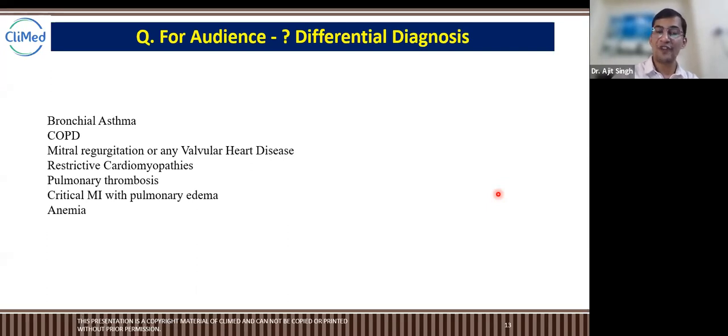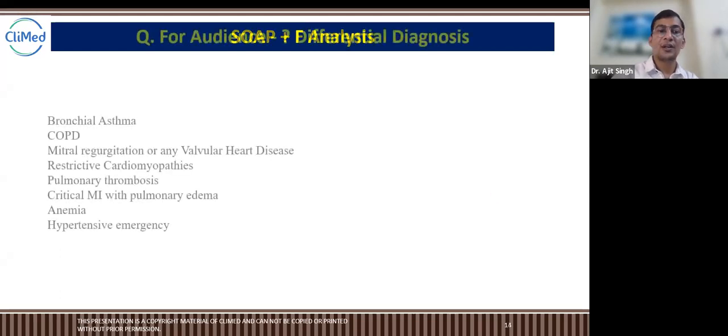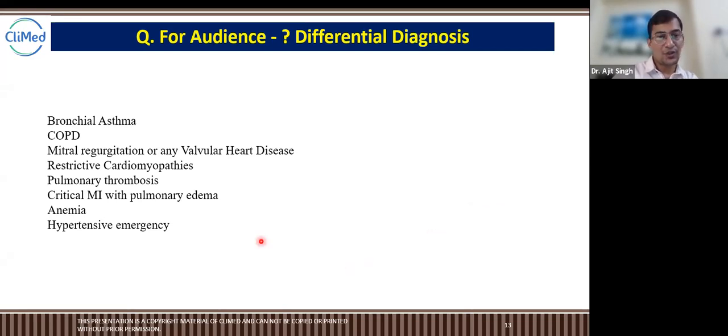Anemia could show fatigue, anemia could show breathlessness, and hypertensive emergencies. So you understand, guys? Bronchial asthma, COPD, HOCM, yes, HOCM could be.